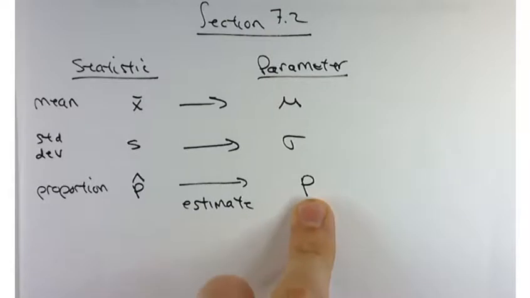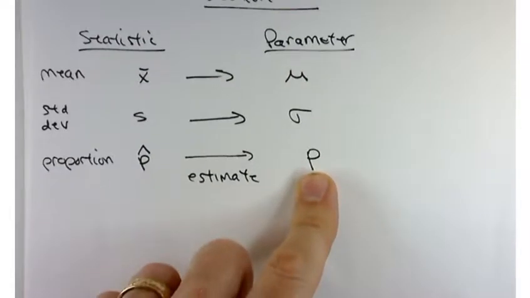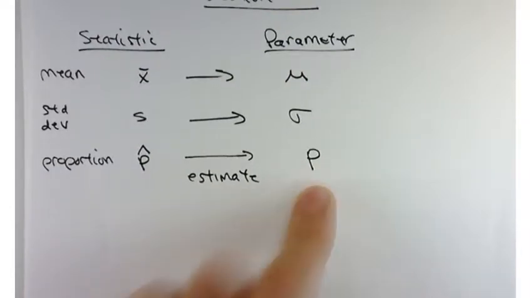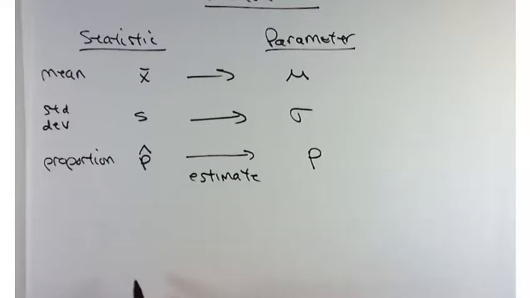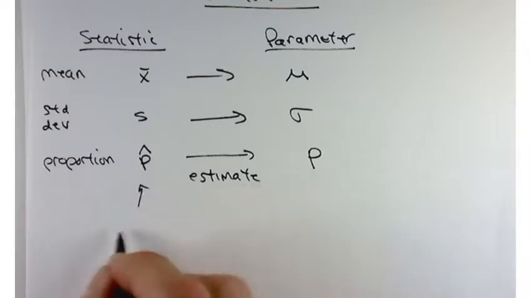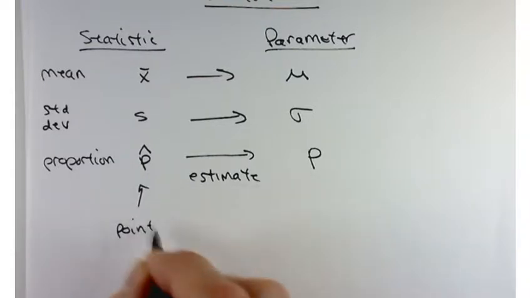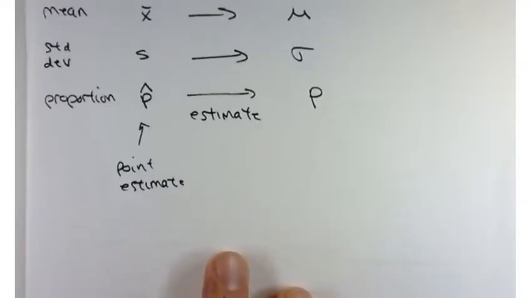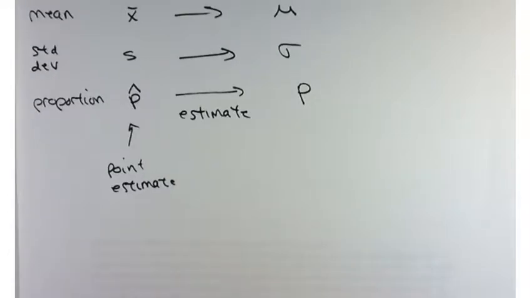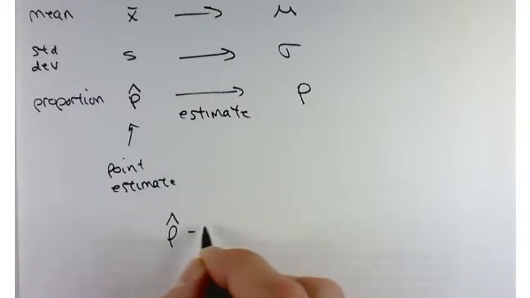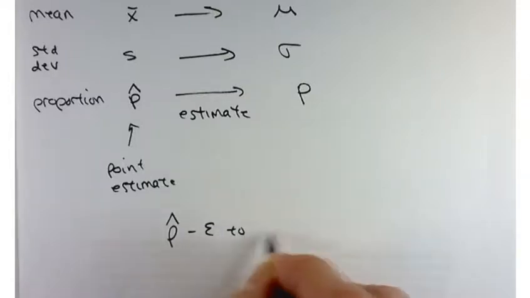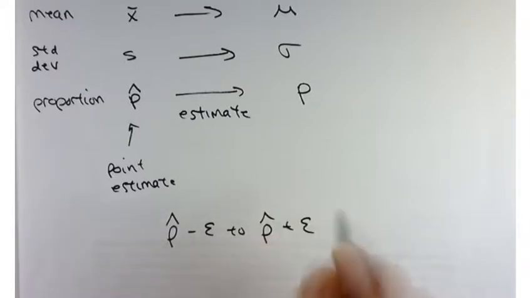So if I wanted a confidence interval for our parameter p, the population proportion, what I could do is start out with my point estimate, p hat, and surround it by a little wiggle room. What do I mean by that? Well, I'm going to say p hat minus a little bit to p hat plus a little bit.